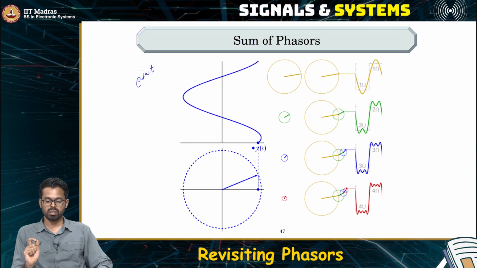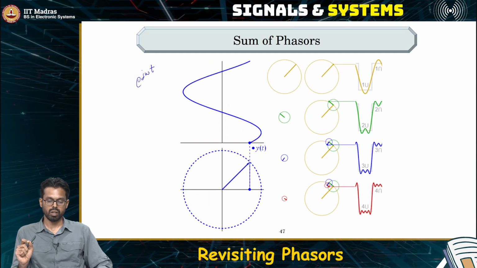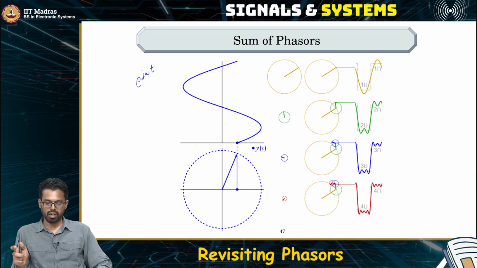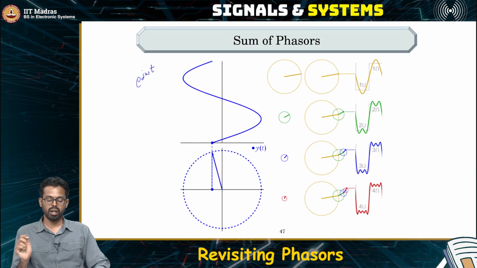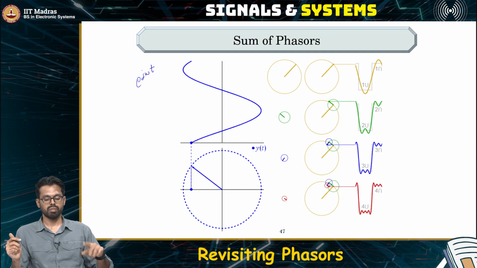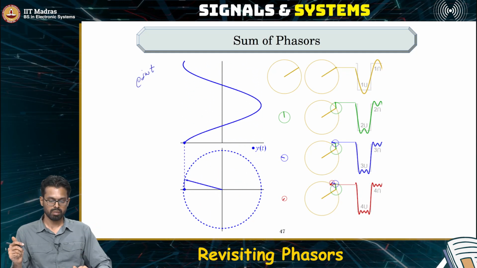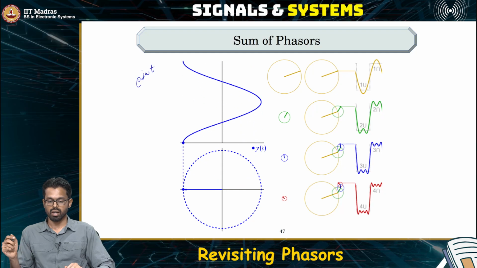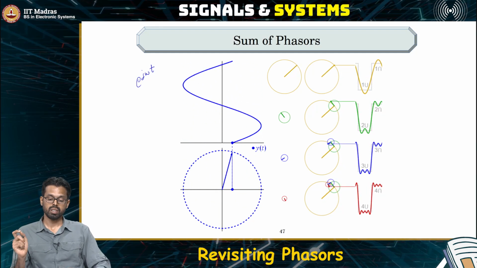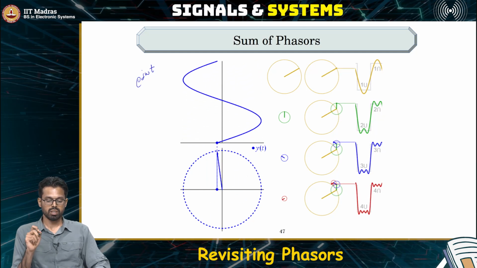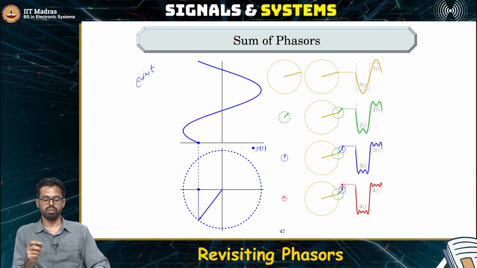Wherever the phasor e power j omega t is, there you put the origin of e power j vt. And now both of these phasors rotate together. When they rotate, you find out where this point that is present in the green circle is moving. This is now representing the sum of both the phasors.